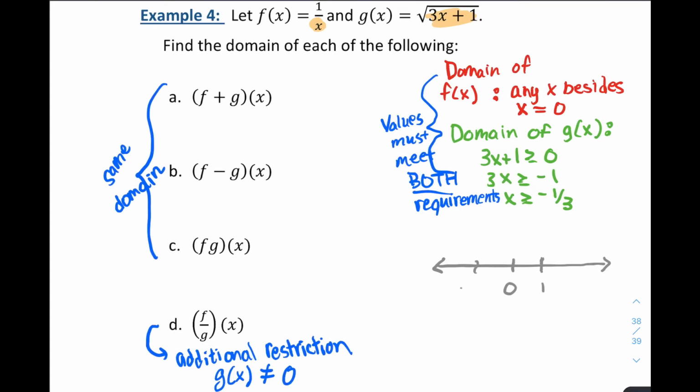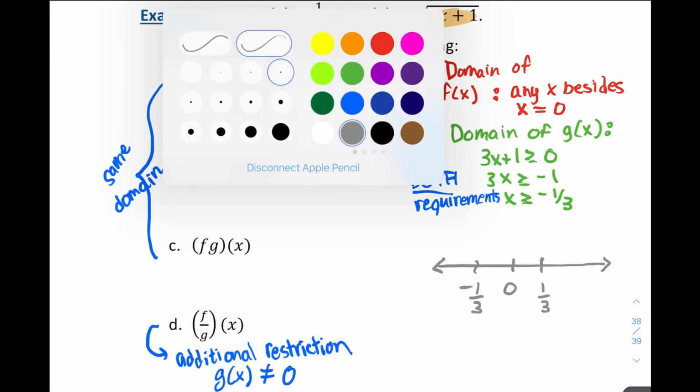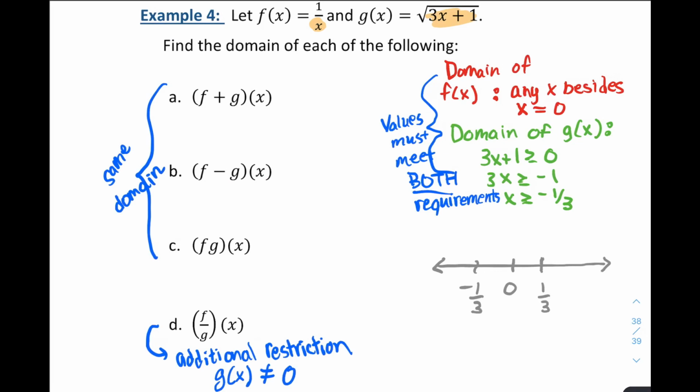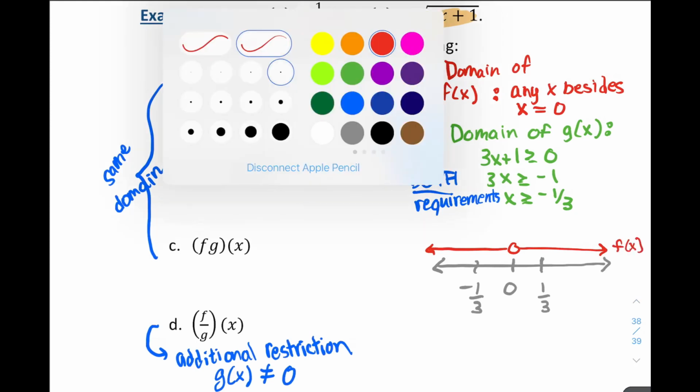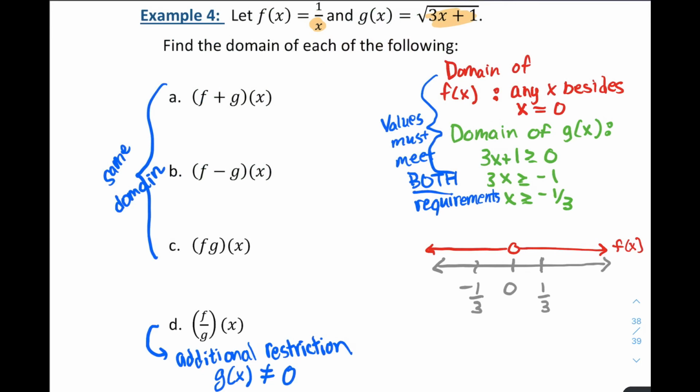Actually, I have something happen at negative 1/3, so let's make that negative 1/3. I'm going to draw in red all the values that work for my function f of x. So everything except 0. I did a little open circle at 0 because I'm skipping over 0 for my domain there. And then if I look at g of x, the only values that work in its domain are values greater than or equal to negative 1/3.